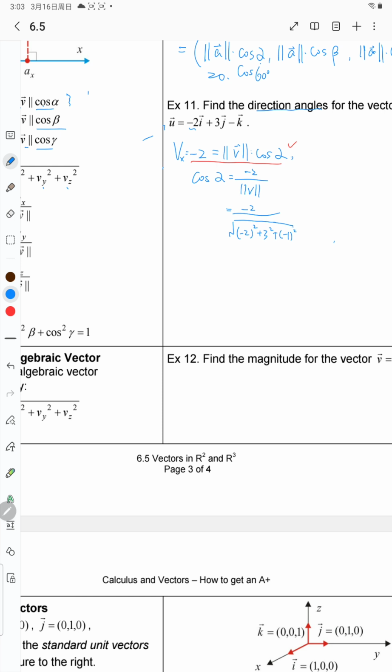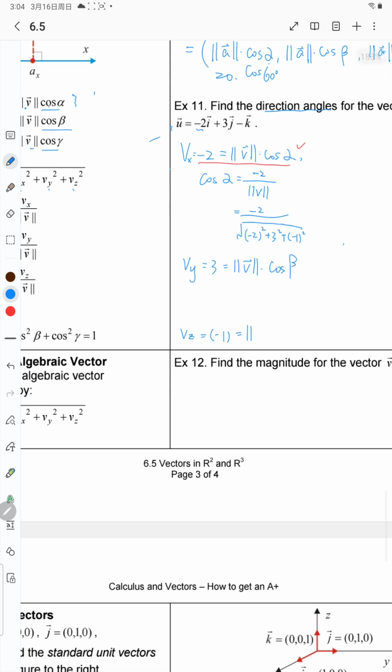Similarly you can write out Vy is 3, which is V times cosine beta, and Vz is, you should write it out yourself. Really, -1 is V times cosine gamma.